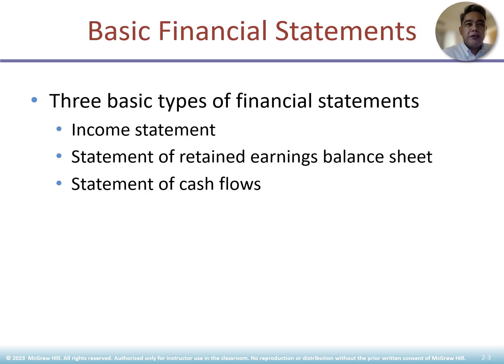Now, there are three types of financial statements. We have the income statement, then the balance sheet, and then the statement of cash flow. So when somebody explains to you the order, right, of the financial statements, we always start with the income statement. Why? In the income statement, you start with sales minus cost of goods sold or cost of sales equals gross profit minus operating expenses.